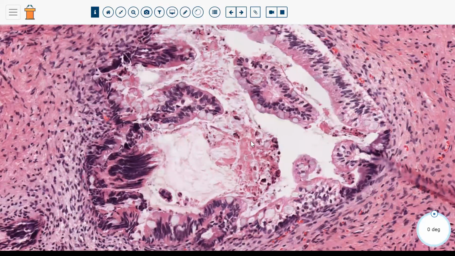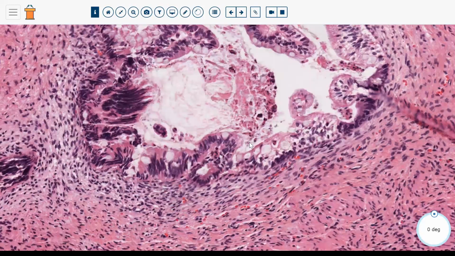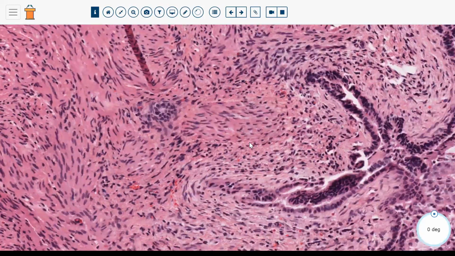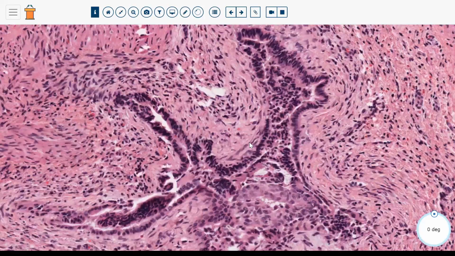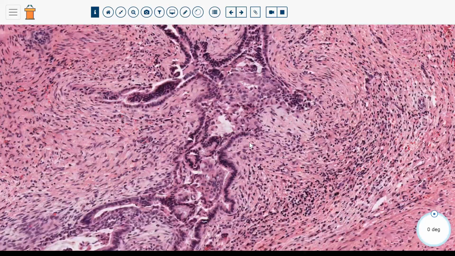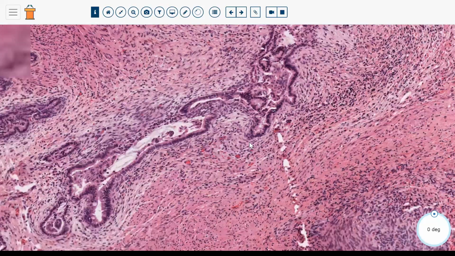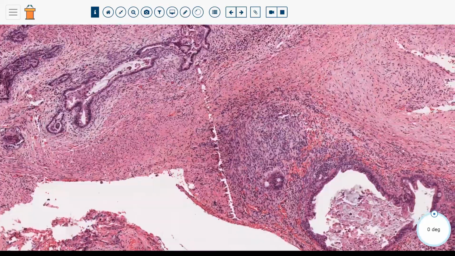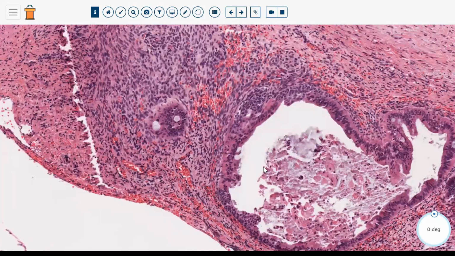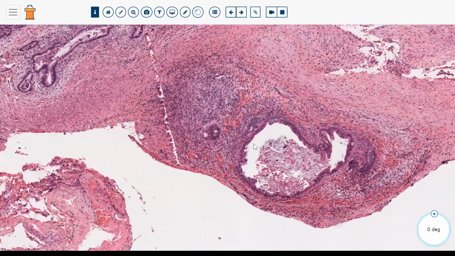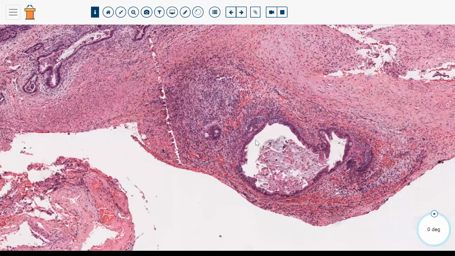Some of these glandular structures might even have a slight amount of cytologic atypia. That doesn't necessarily mean anything, although it does support being a teratoma of the malignant pathway rather than a benign teratoma like you can see in the prepubertal testis. And so, again, we're talking about the prepubertal versus postpubertal teratomas.